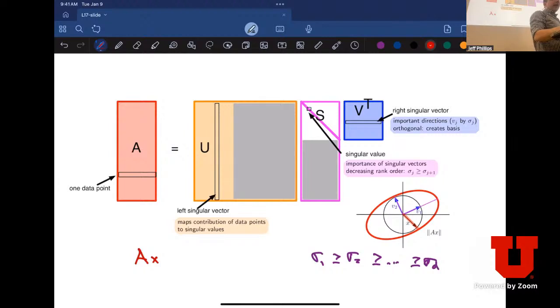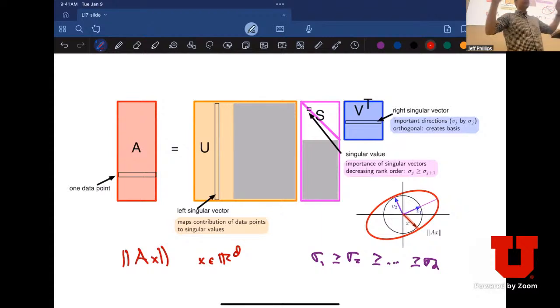To multiply it, x would need to be in R^d. I could look at the norm, the length of this vector in any direction, and for any matrix A this defines an ellipse. If I've centered the data, so the average of all the data points is the origin, it'll be an ellipse around the origin. The right singular vectors define the basis, the axes of these ellipses, where it's stretched along. And the singular values tell me how far to stretch this ellipse.